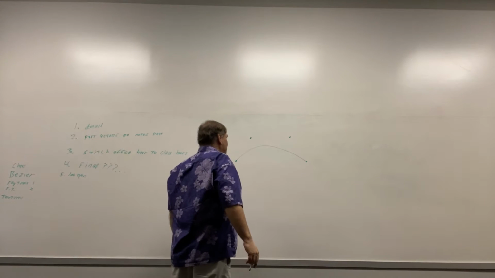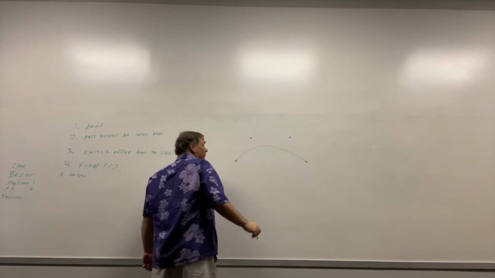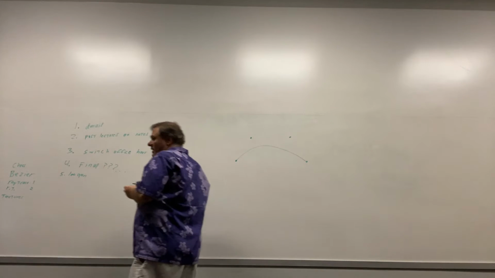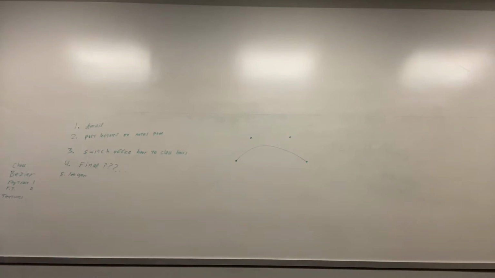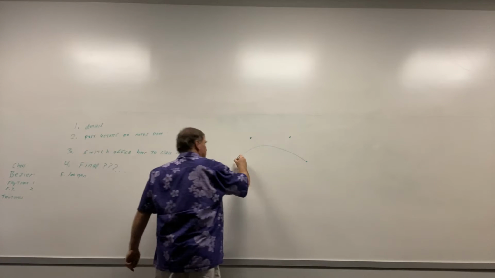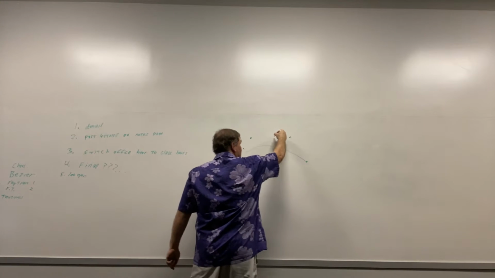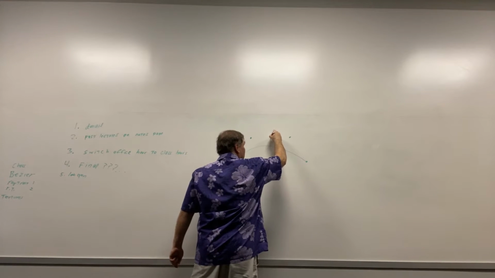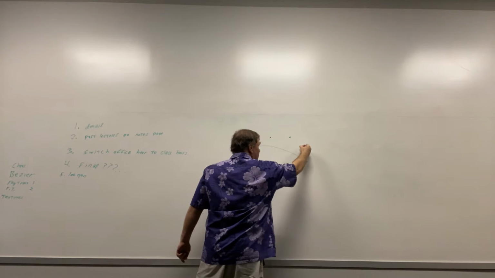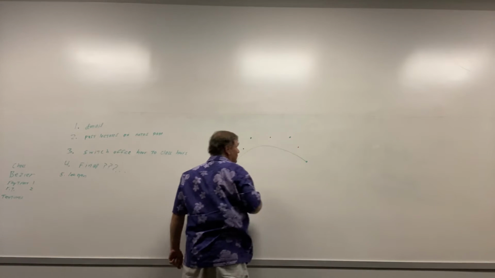So De Casteljau said to subdivide the curve in half, find a point halfway between the first 2 control points and another point halfway between the second 2 control points and another point halfway between the third 2 control points.